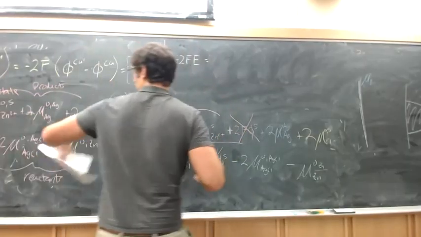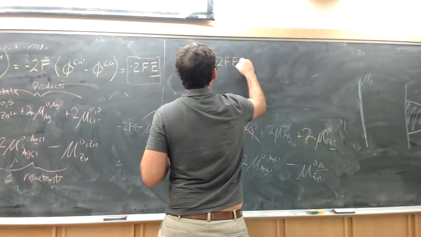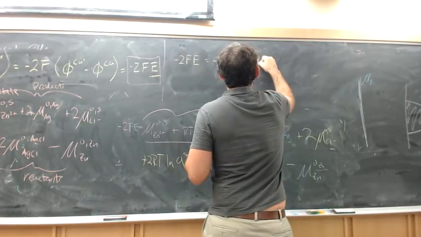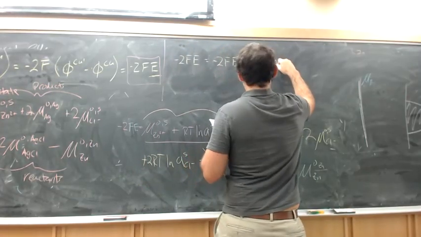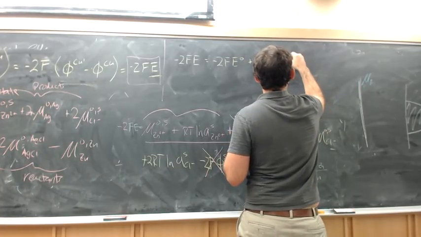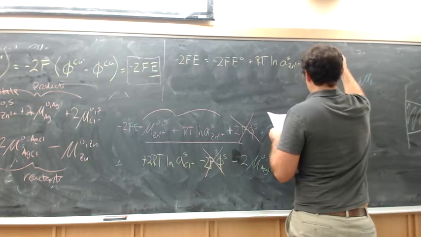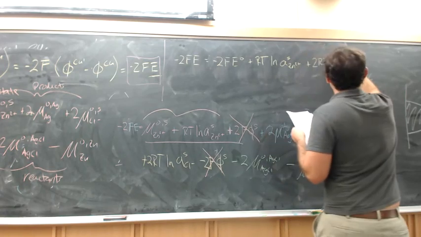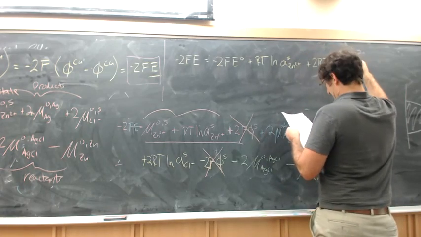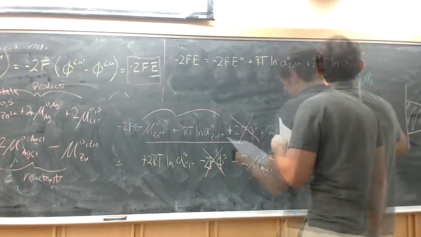I'm collecting all these terms from this equation: negative 2F mu naught plus RT ln A zinc 2+ in solution plus 2RT ln A Cl- in solution.